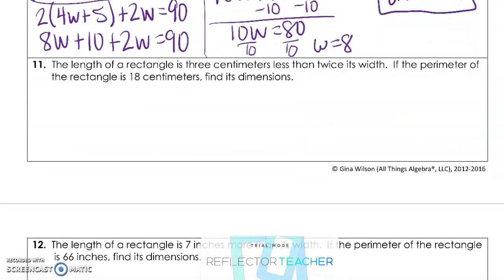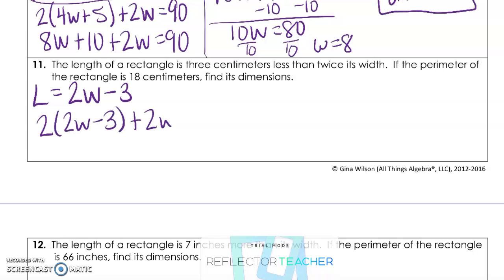Number 11, the length is 3 centimeters less than twice the width. So length is 3 centimeters less than twice the width, 2w minus 3. So 2 times 2w minus 3 plus 2w is equal to 18 in this case.